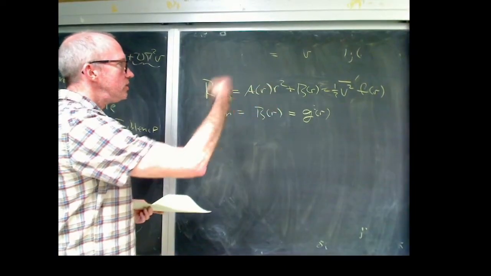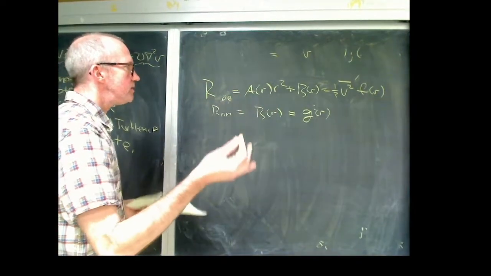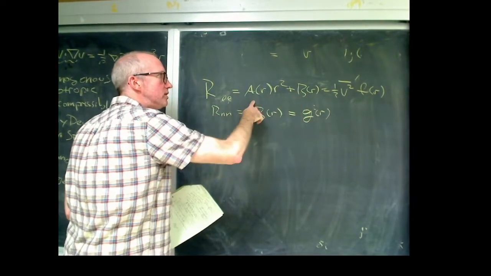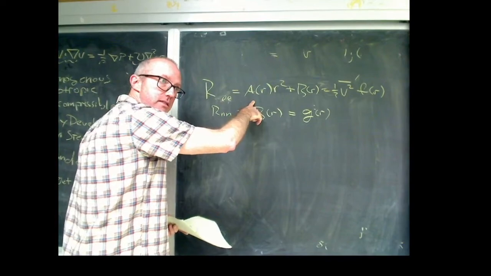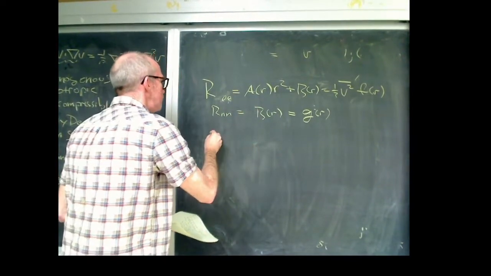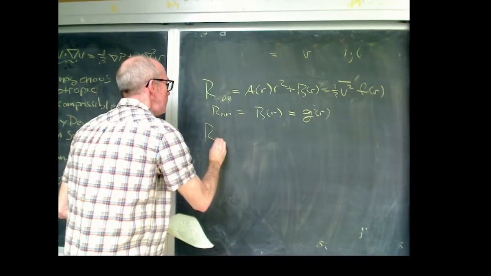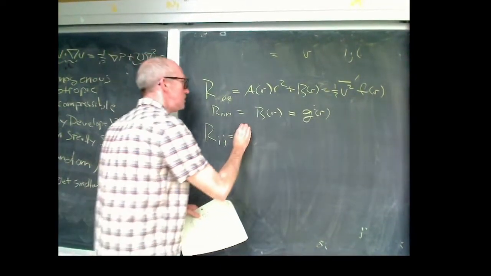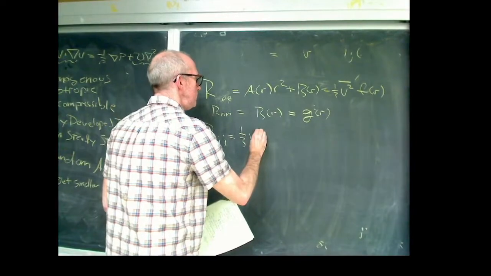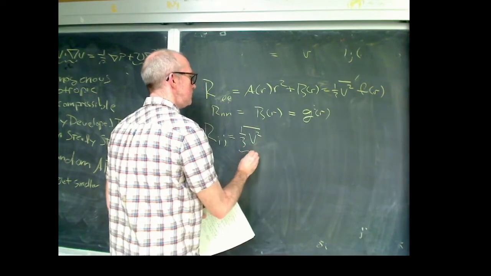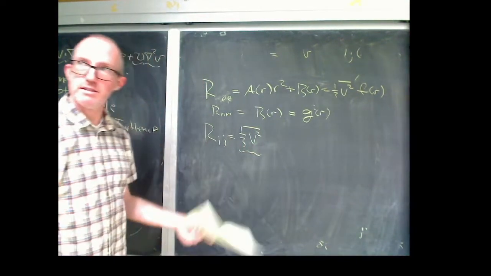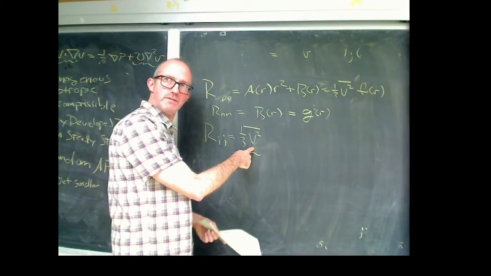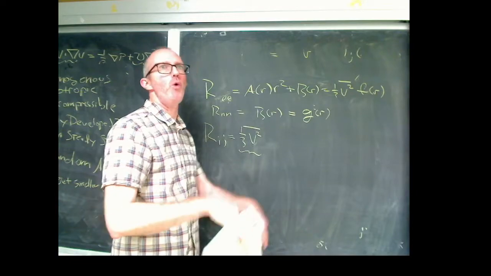And you can do a little bit of algebra, which isn't very hard. You just solve for A and B. You already know what B is, so you just get A. And you're left with the most general form that you can write. R_ij equals 1/3 v squared bar. This is the most important bit. This is the RMS velocity of the turbulence. So this is how much energy is in the whole system.